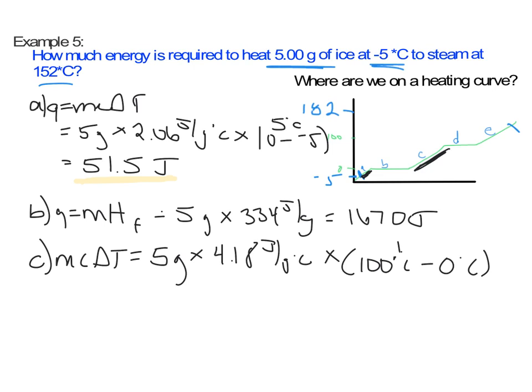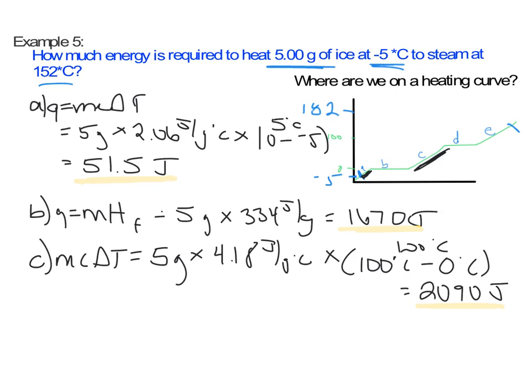So here that temperature changed 100 degrees Celsius. Multiply that out. 5 times 4.18 times 100 is going to equal 2,090 joules. So now we've got 3 out of the 5 steps. Got to keep going.